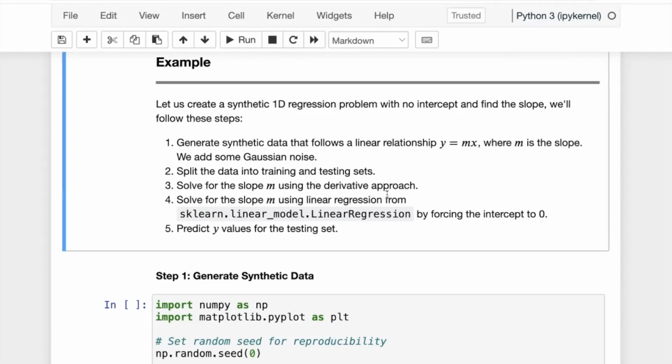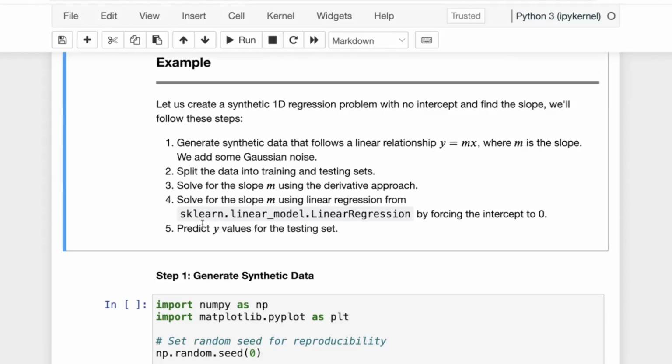But in general, if you have multiple unknowns, we cannot easily use the derivative approach. For that, we can use Scikit-learn's linear regression class, which can help us solve this linear regression problem. So in this case, we want to solve this problem once from scratch by using the derivative approach, and then we're going to utilize linear regression from Scikit-learn.